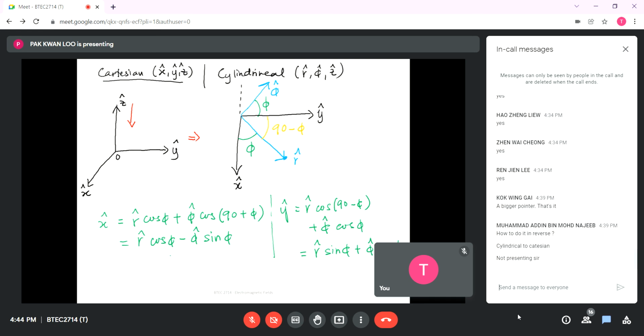So this is how you will get it. It's reversible. When we want to get Cartesian to cylindrical or cylindrical to Cartesian, we just apply the dot product, projecting the unit vector onto the other unit vector direction of interest. I've demonstrated that here.